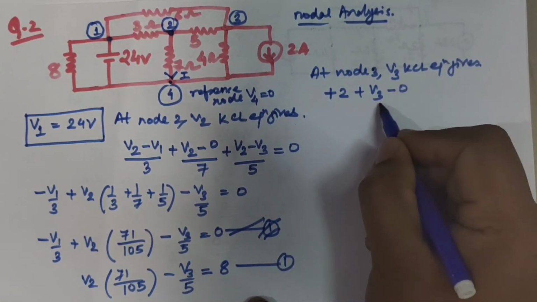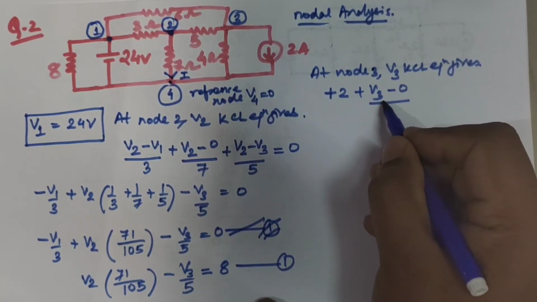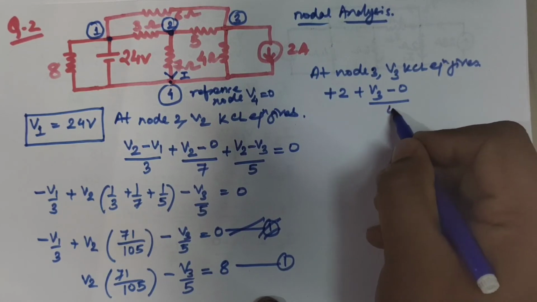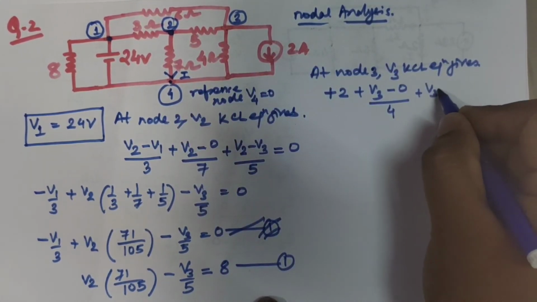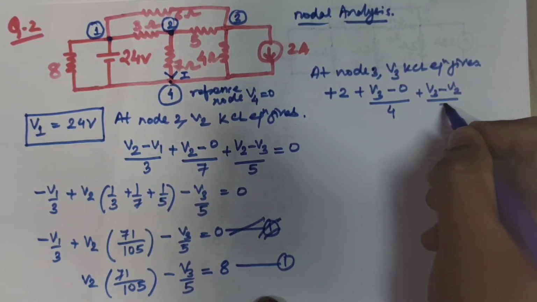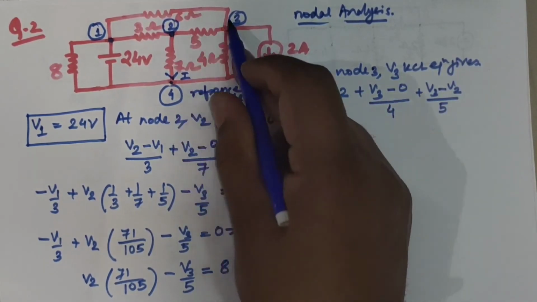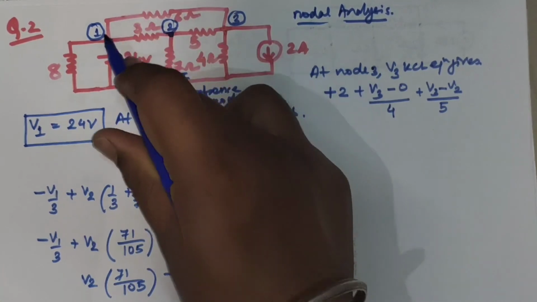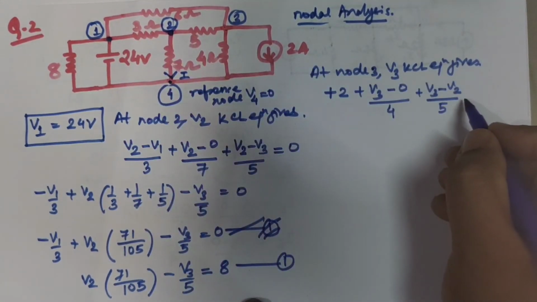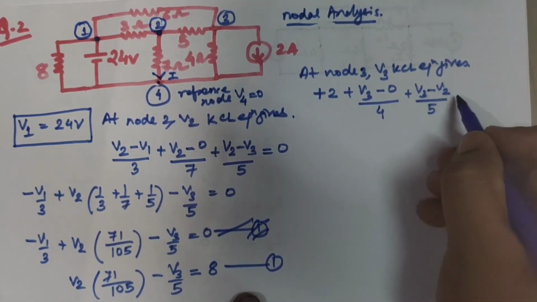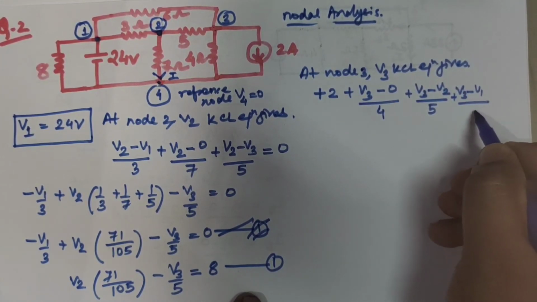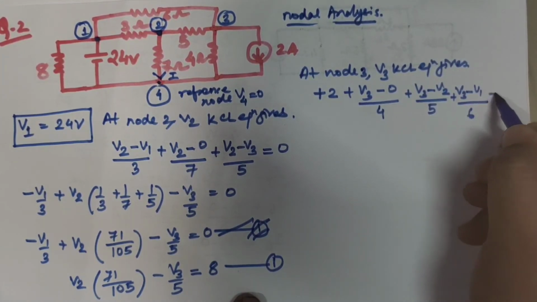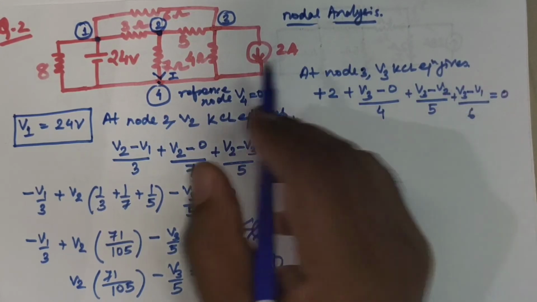So V3 minus V4, that is V3 minus 0 by 4. Next, V3 minus V2 by 5. Next, V3 minus V1 by 6, equals to 0.